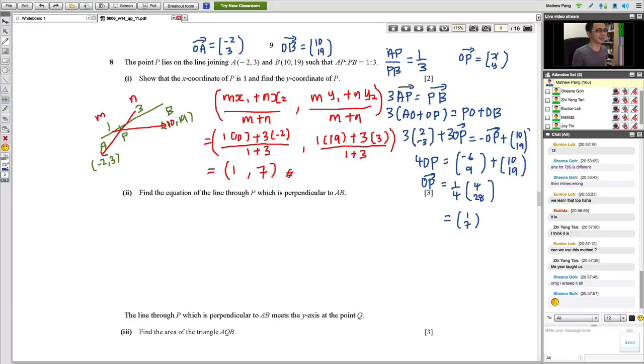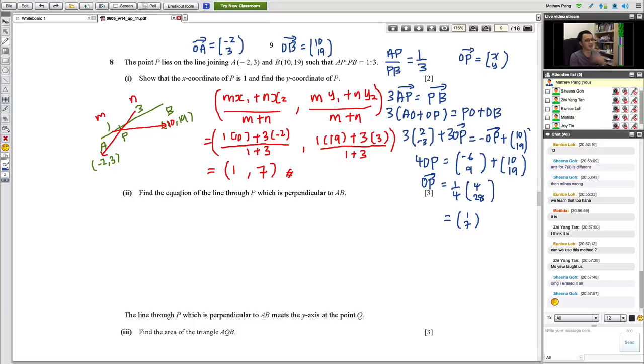I think the other method is they straight away find AB. After they find the AB, then they use the ratio to find the OP. It's actually quite similar to the vector method, but they didn't work out so many details over here. Anyway, these two methods here are more than enough already.